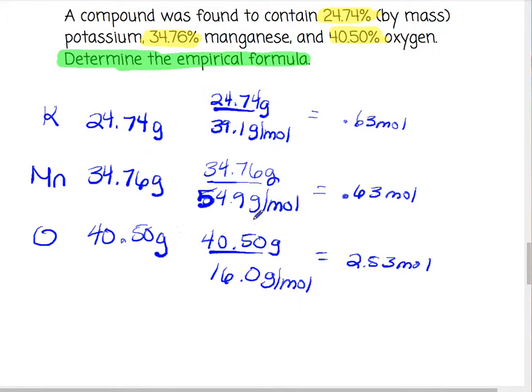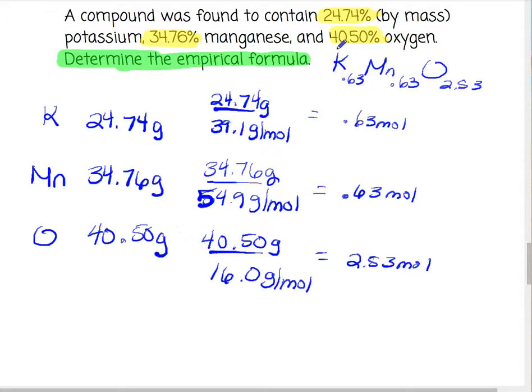So that's step 2. Now step 3 says this molar ratio, 0.63 to 2.53, has to be in lowest whole numbers. They're not in whole numbers right now. Basically what you have is K with a subscript of 0.63, Mn with a subscript of 0.63, and O with a subscript of 2.53.